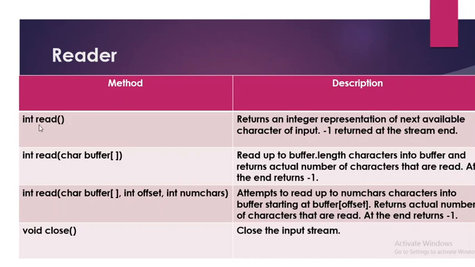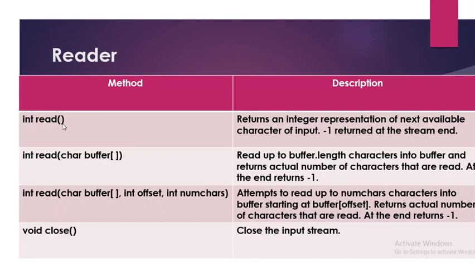That is very important. So the first method, the read method, is used to read a single character from a given input stream, that is, from the given source. Whatever the number of characters we are reading, one by one, a single character we are going to read from the given stream. And whatever character you read, its integer equivalent is returned.